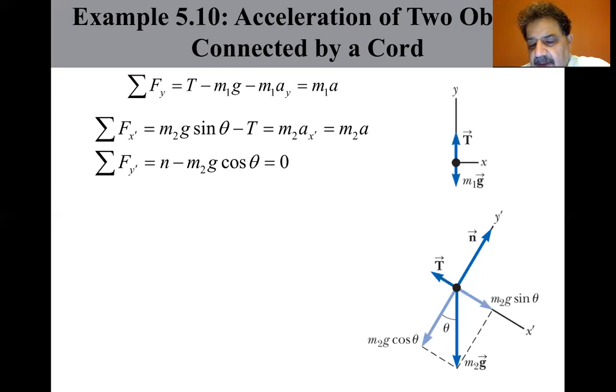Notice that we replace ax prime with a because the two objects have acceleration of equal magnitude a.